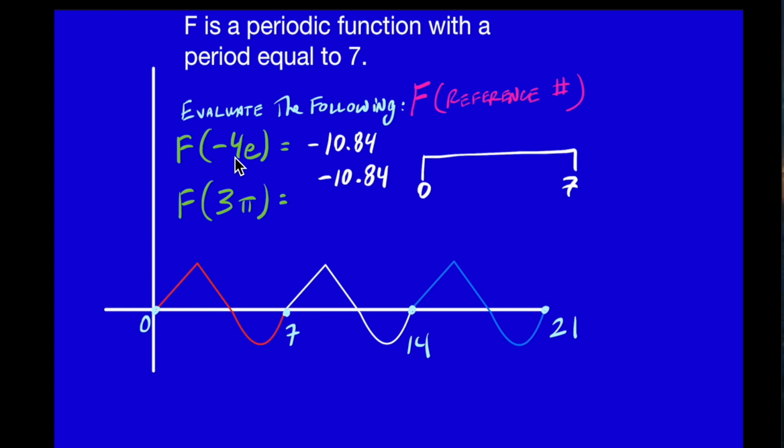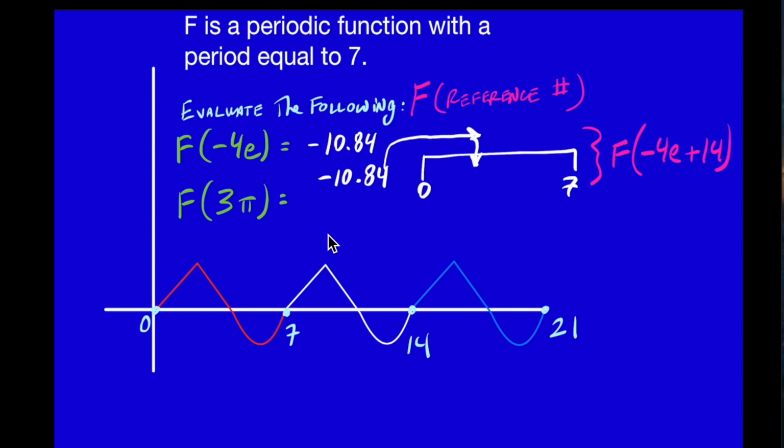So it's clear we have to add 14 to get into the reference zone. Now, when you write your answer in this particular case, it's okay to just do it like this over here in pink on this side. You could say f of negative 4e plus 14. That is an adequate answer.